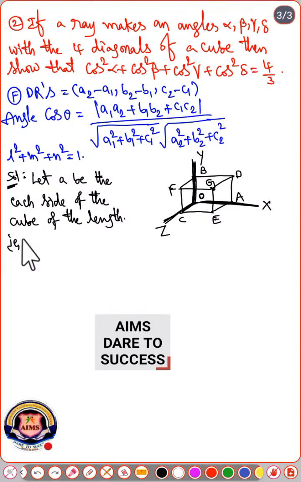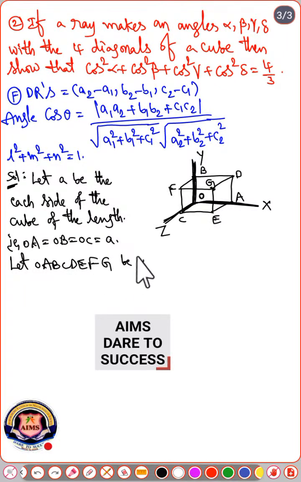That is OA is equal to OB is equal to OC is equal to a. After that, let O, A, B, C, D, E, F, G be a cube. Okay, my dears, let O, A, B, C, D, E, F, G be a cube.